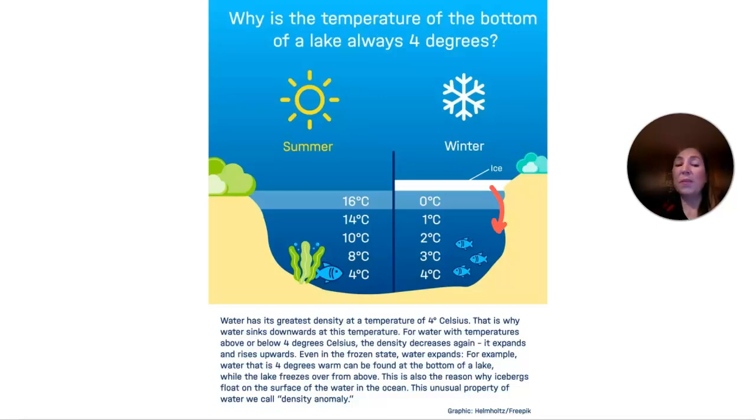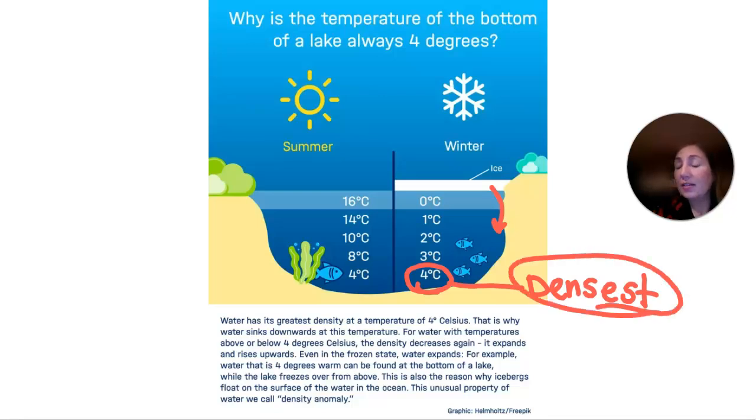So here's what's weird. As water molecules slow down and cool off, they do get denser and denser and denser. And water is densest at 4 degrees Celsius. So that is its densest point as it's cooling.